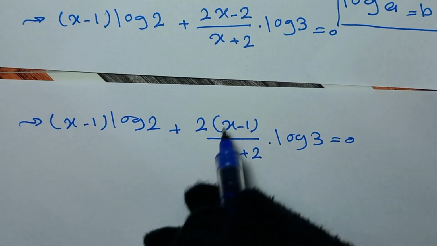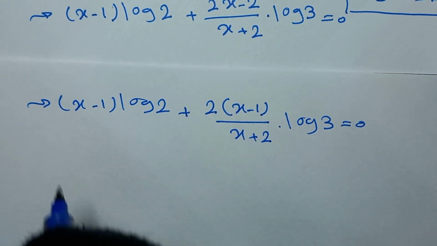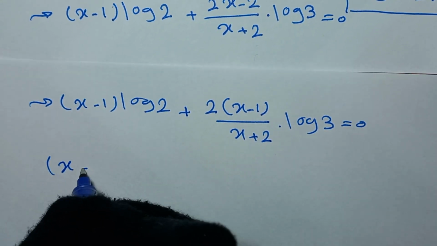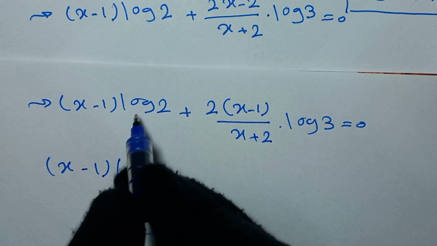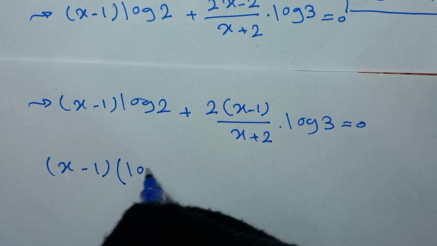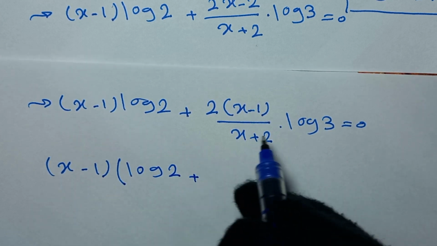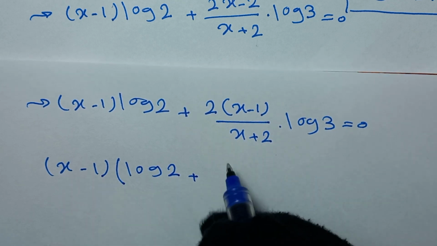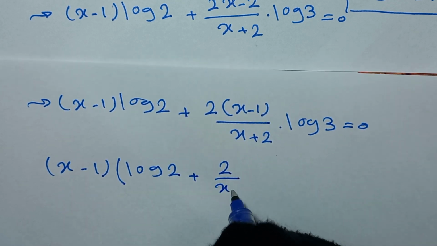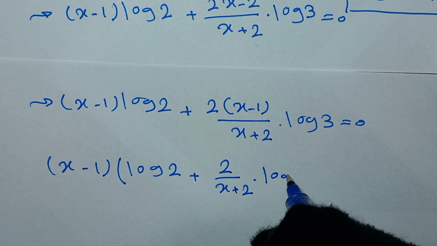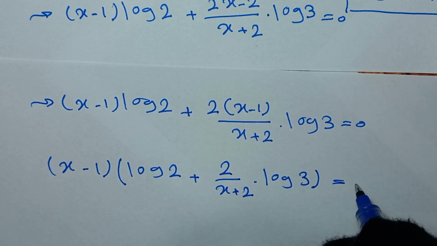And here x minus 1 is common, so we factor x minus 1, and it will be, this divided by this is log of 2, and this divided by x minus 1, it will be 2 over x plus 2 times log of 3 is equal to 0.